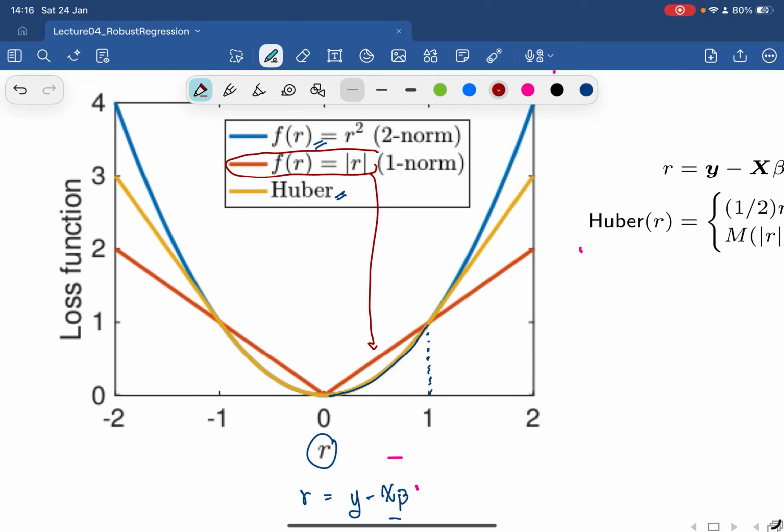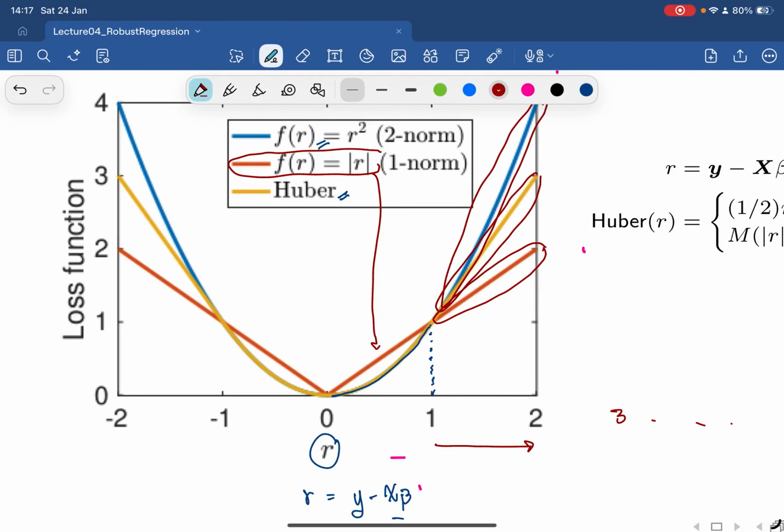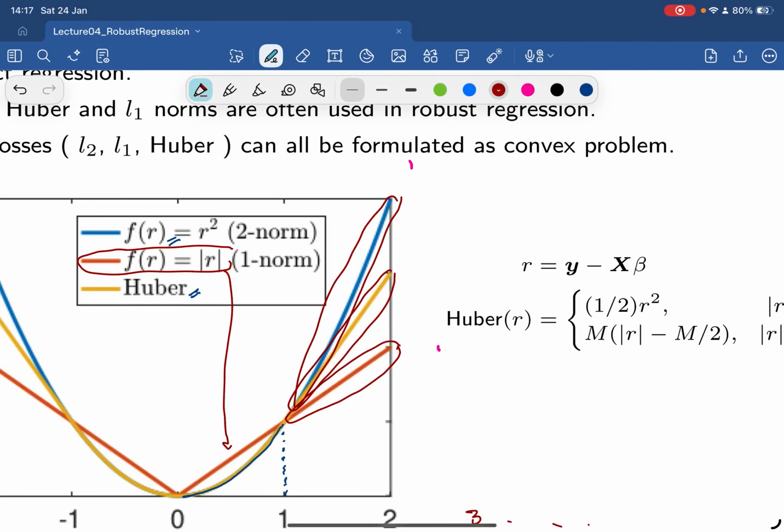Anyway, when your residual goes beyond 1, up to 2, and maybe 3, 4, and so on, you can see that the L1 norm is the one that gives the lowest weight towards this high residual. And if you compare Huber and the L2 norm, you can see that Huber will actually progress much slower.